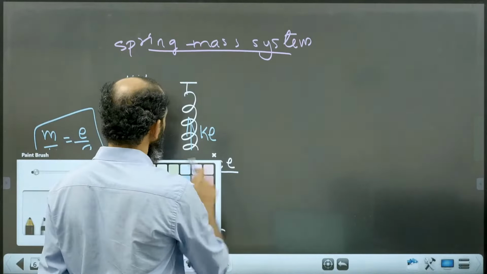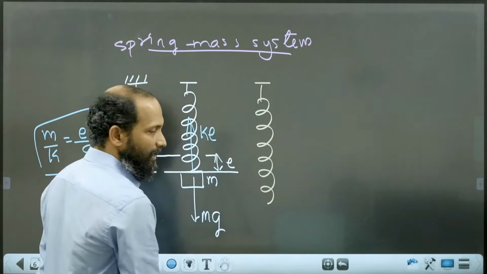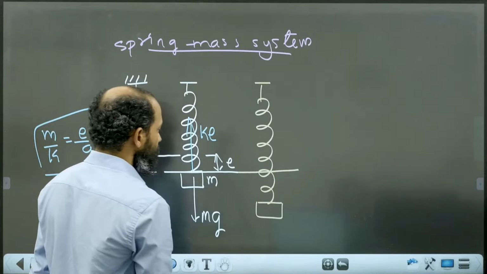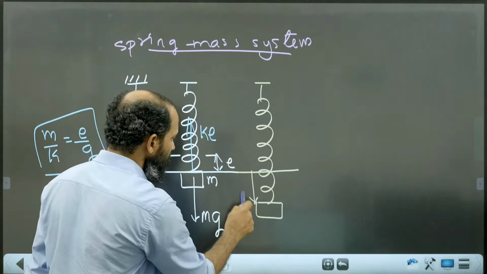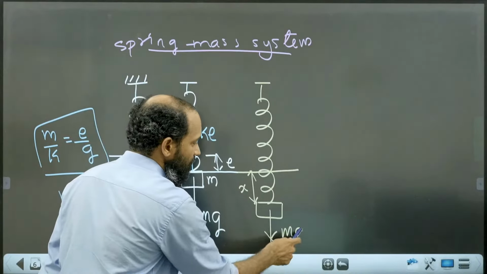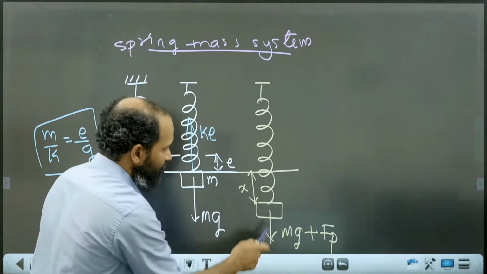Now do one thing: pull this spring slightly below and leave. The new extension may be x. Then the forces are mg plus the pulling force. The pulling force is also there.